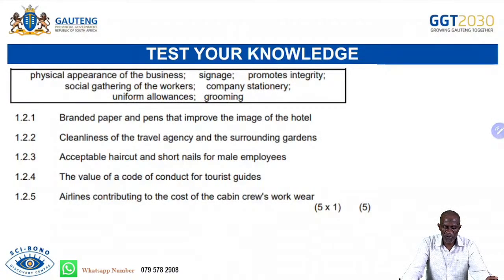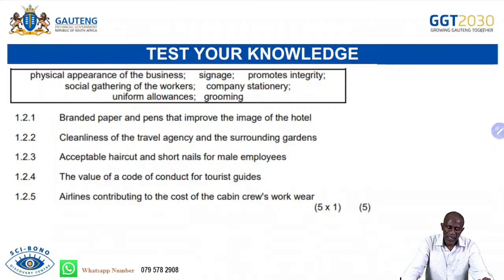If we move further by testing our knowledge, this is still your section A, question 1, which we have alluded to, that this may be asked in question 1, and it is also asked in section D of question 7.